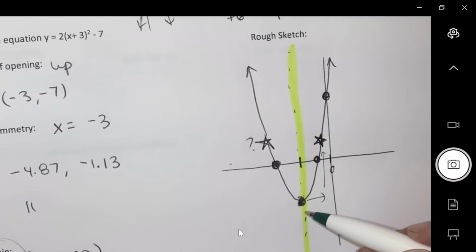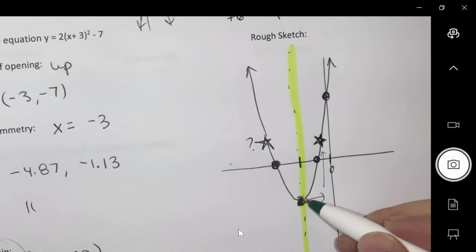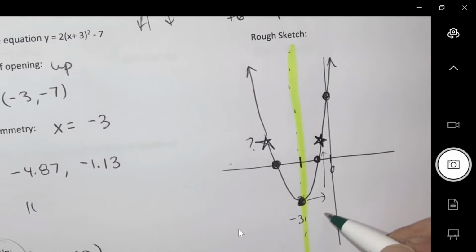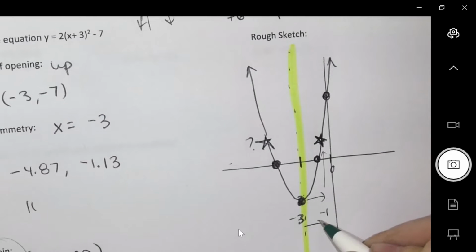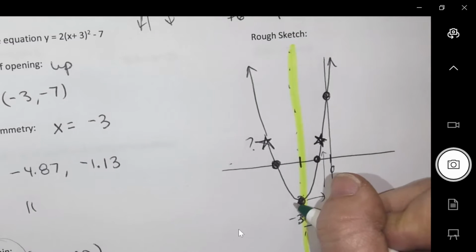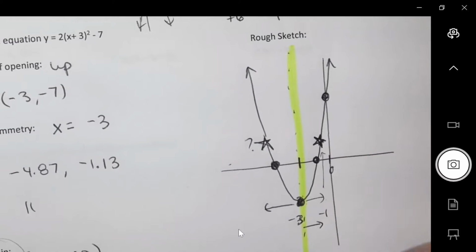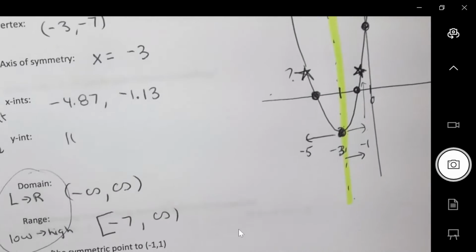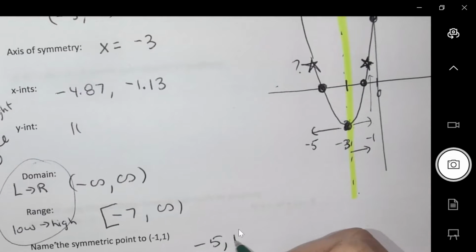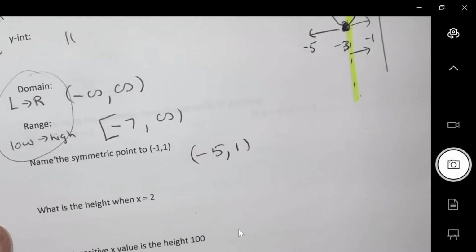And then I'll do the same left and up. So what did you move from -3 to -1? From -3 to -1 means I went 2 to the right. So now to get to this point, I would have to move 2 that way. So it would be -5, 1.